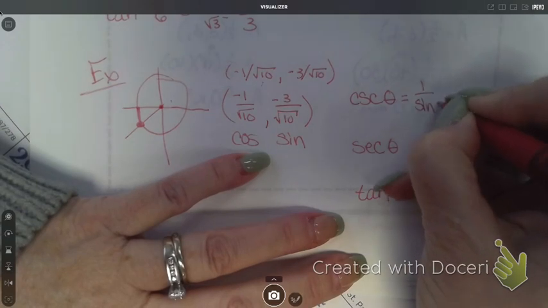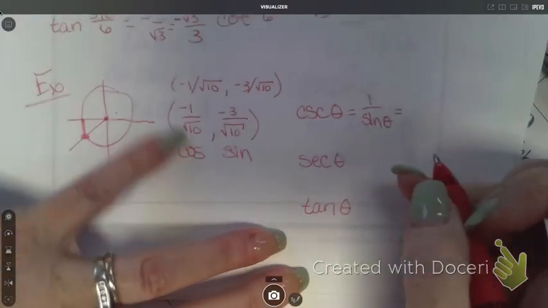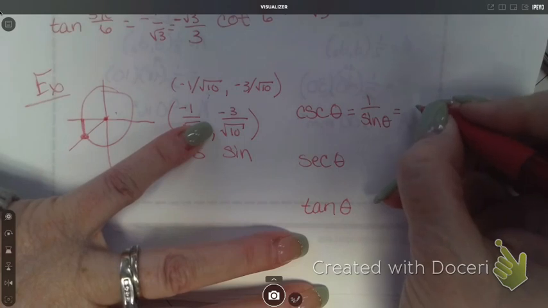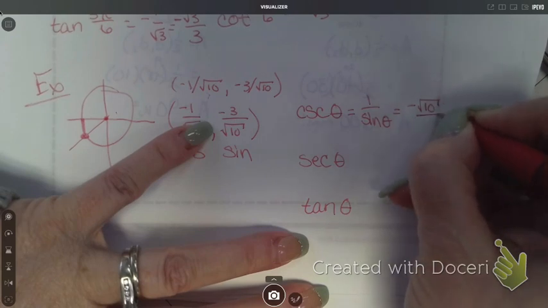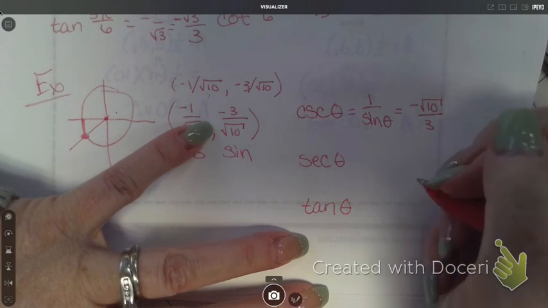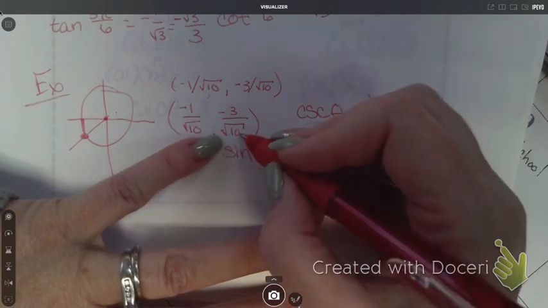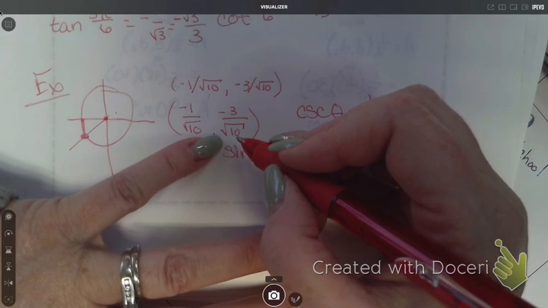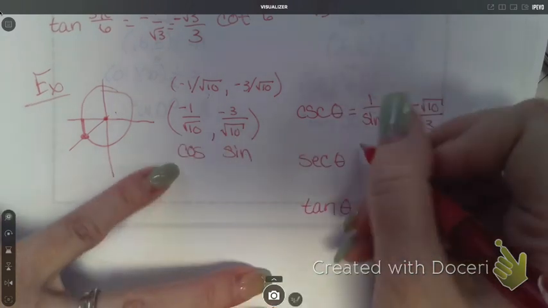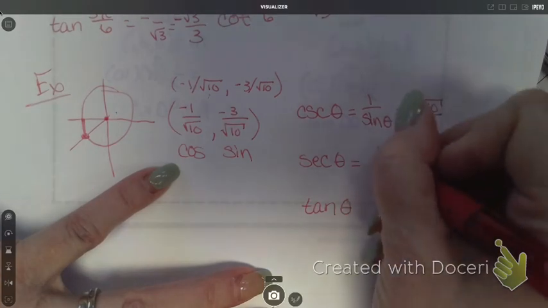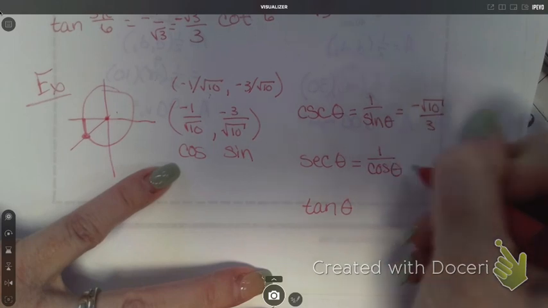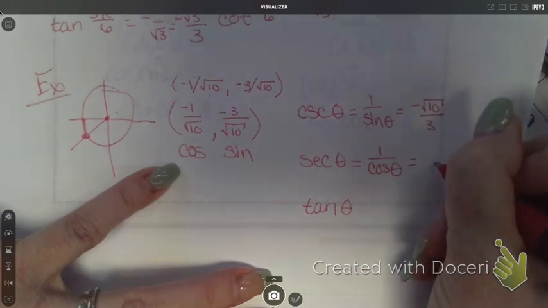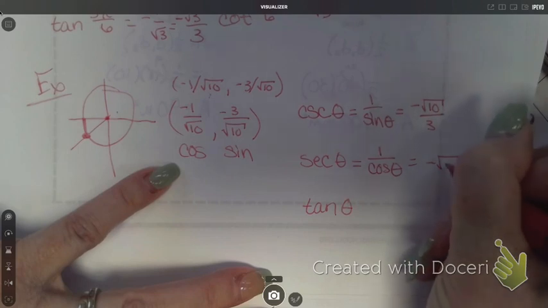I'm just doing that so I remember. So it'd be square root of 10 over -3, or I write a negative square root of 10 over 3. Does it matter where the negative goes? No, because the square root of 10 is the hypotenuse, since it's in the denominator. What about secant? 1 over what? Cosine. So it would be negative square root of 10.